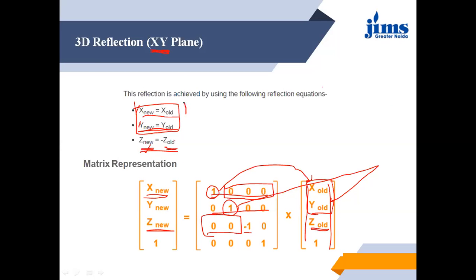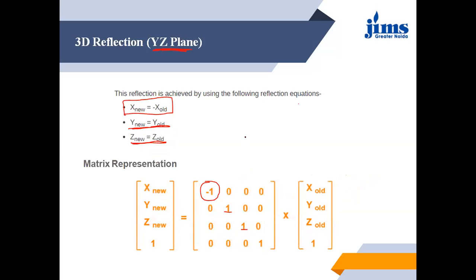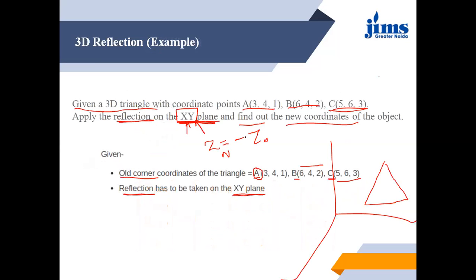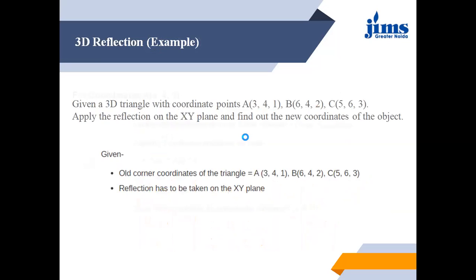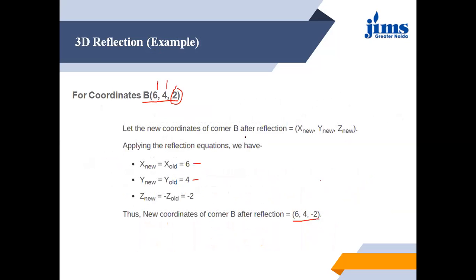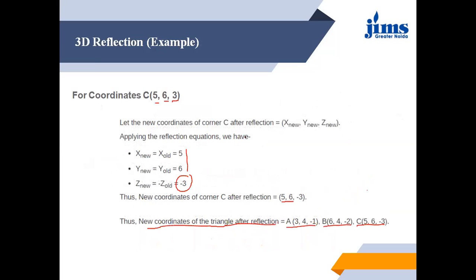Only the value of the z coordinate is going to be changed. That is the same in the case of yz and xz plane also. Then we discussed a question based on this, and I am confident that it will be clear to you now. You can do one or two more questions based on 3D reflection.